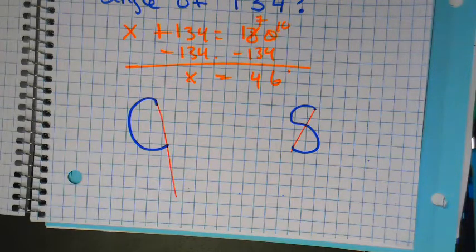That's the hardest part, differentiating complementary with the C for 90. Supplementary is 180. If they give you a picture, it's easy: it looks like 90 or it looks like 180. Also, C comes before S in the alphabet, so 90 comes before 180. You can think about it that way.